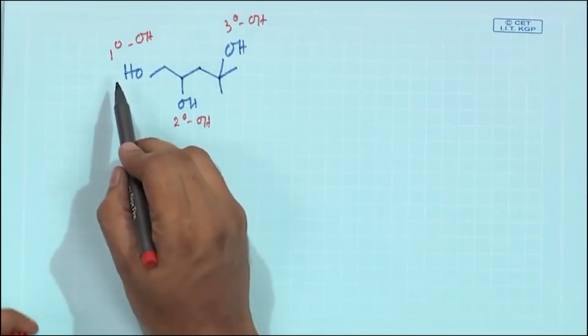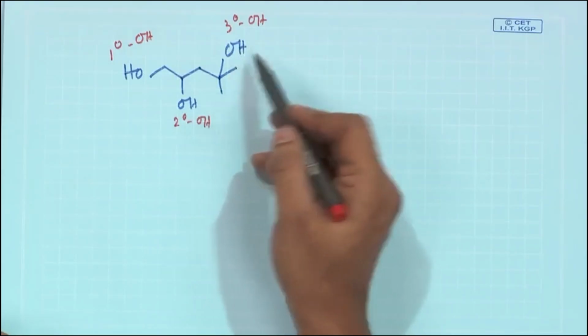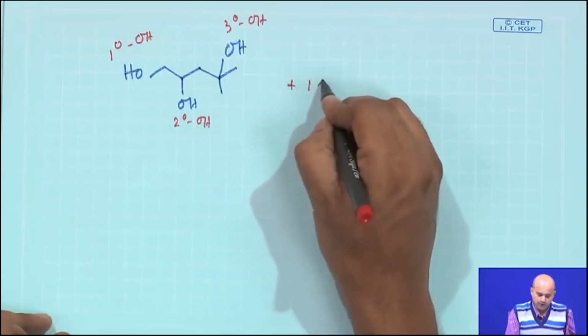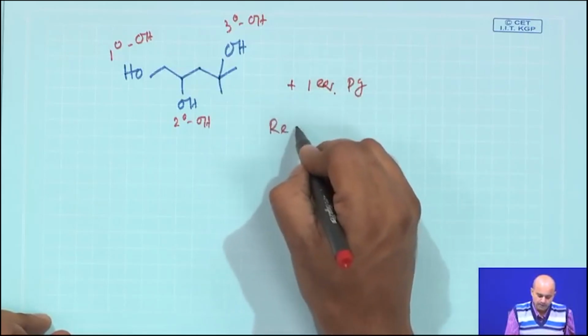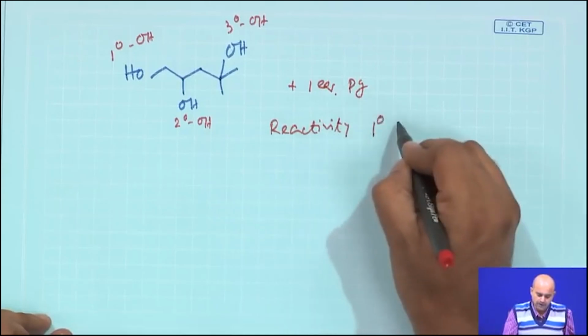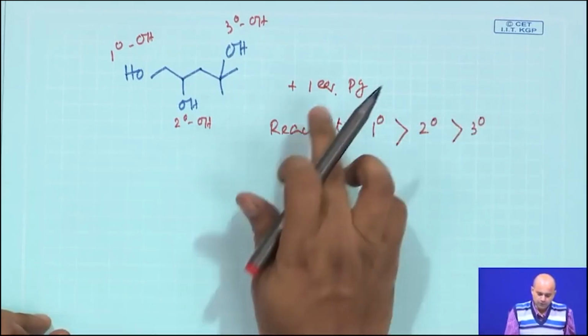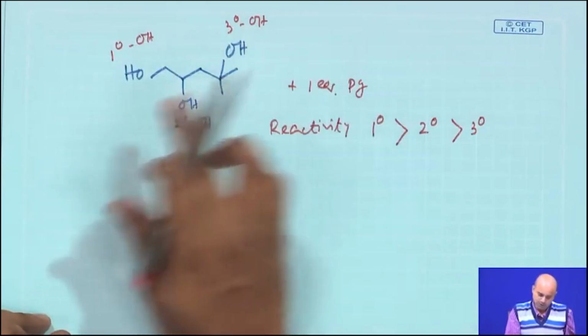Now, 1 degree alcohols are sterically less crowded, 2 degree a little bit crowded, but not like 3 degree, and 3 degree alcohols are sterically highly crowded. So, in principle if you use one equivalent of protecting group, the reactivity order is 1 degree will react first, then 2 degree, then 3 degree. So, primary will react fast.